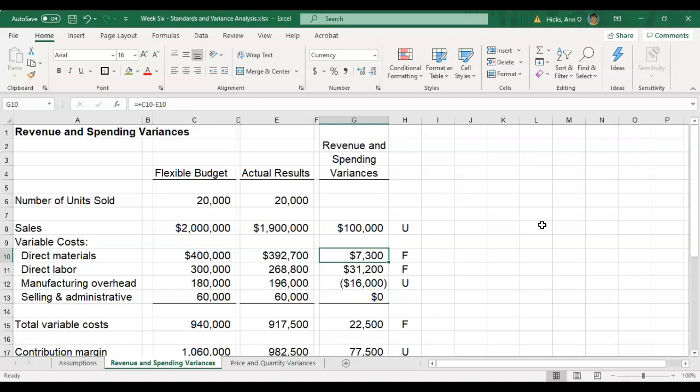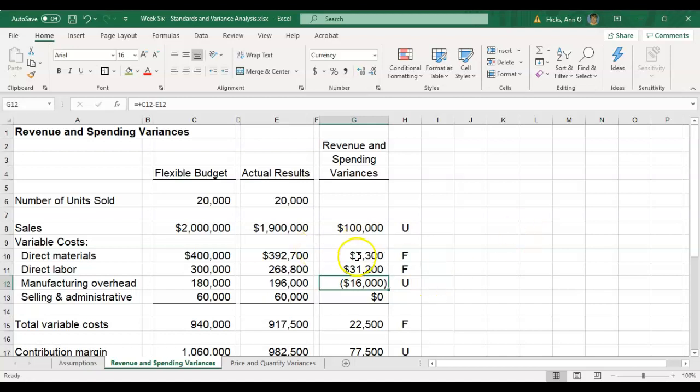In the interest of time, in this class, from a formal perspective, we're only going to focus on the variable variances. So we're going to be looking at this $7,300 favorable direct material spending variance, the $31,200 favorable direct labor variance, and then the $16,000 unfavorable manufacturing overhead variance.